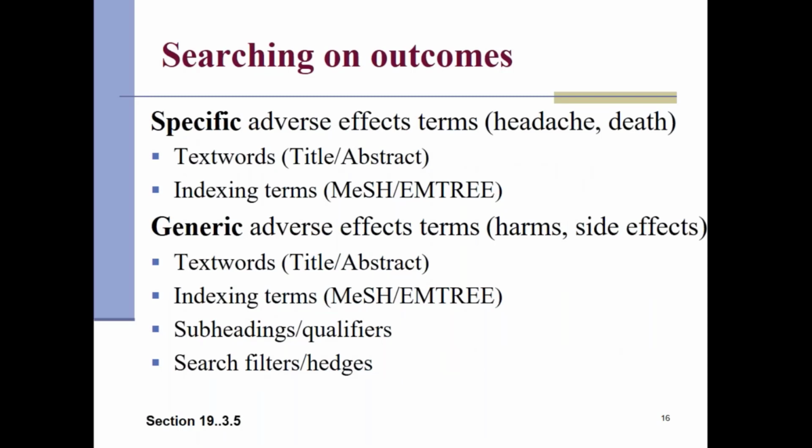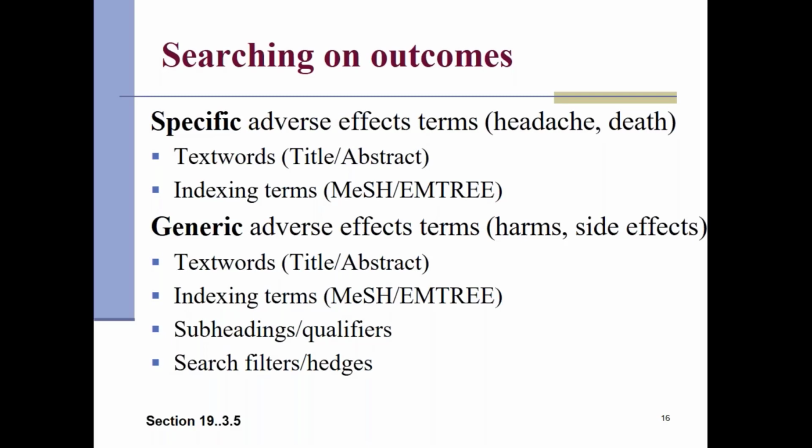You may want to look for named adverse effects such as headache, death, insomnia, weight gain, persistent cough. And this is the same as any type of search where you would search for text words and indexing terms, and you would use both, as Carol alluded to. Generic adverse effects terms are also really good to search for.